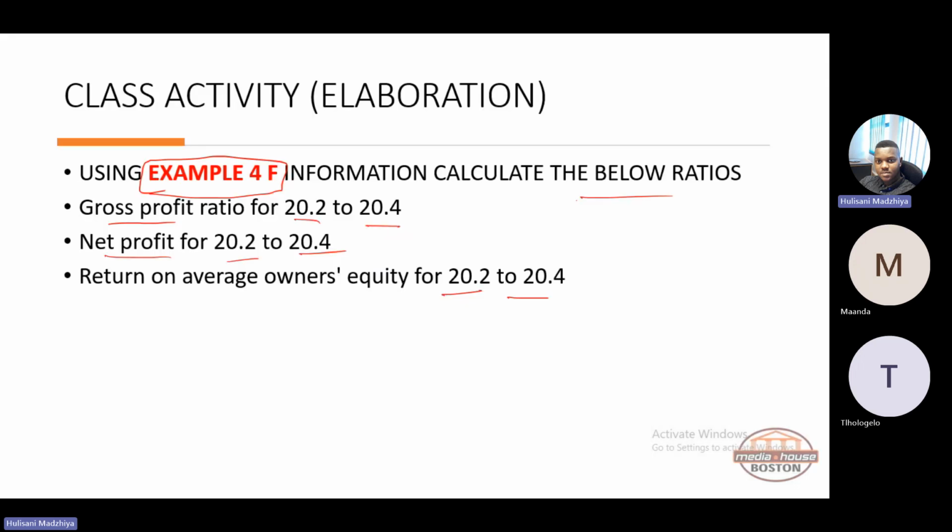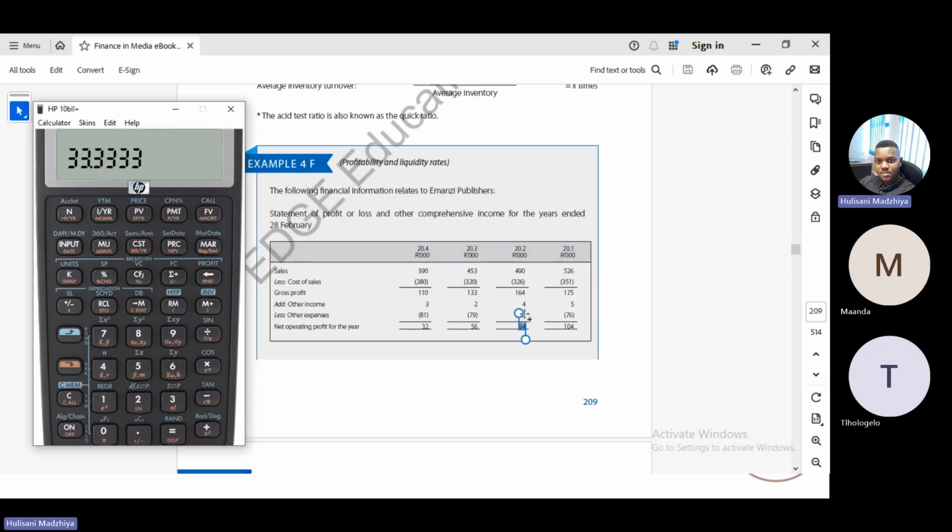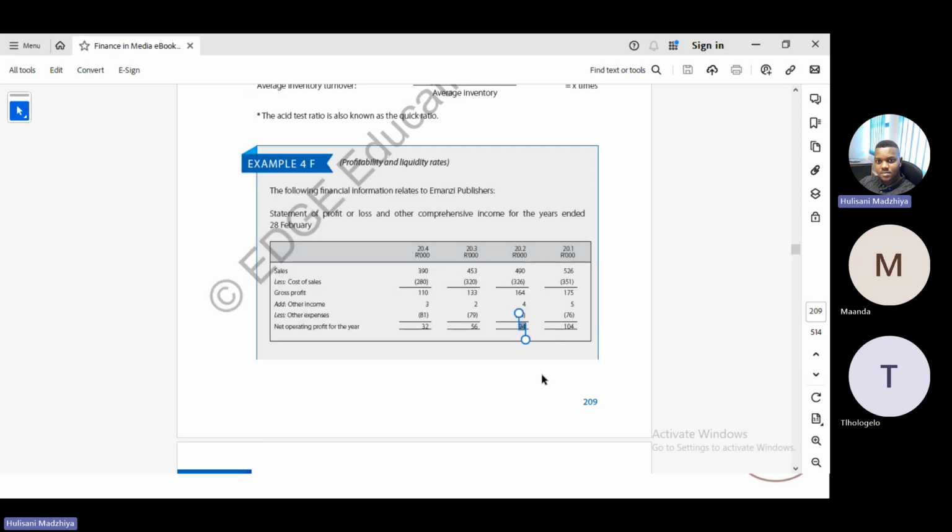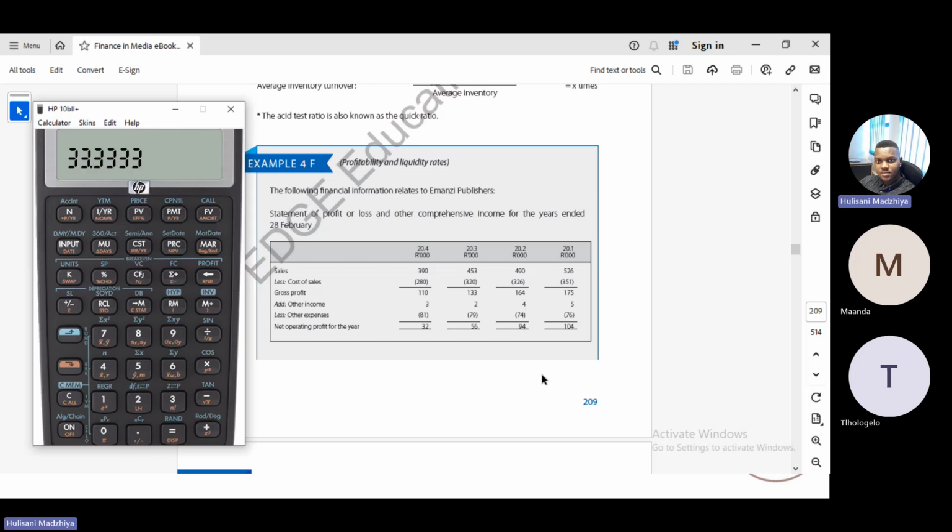So I just need the calculator. So here we're going to have 94,000 divided by 490 multiplied by 100. This will give us 19.18%. So this is the net profit this company realized after all the expenses have been taken into consideration.